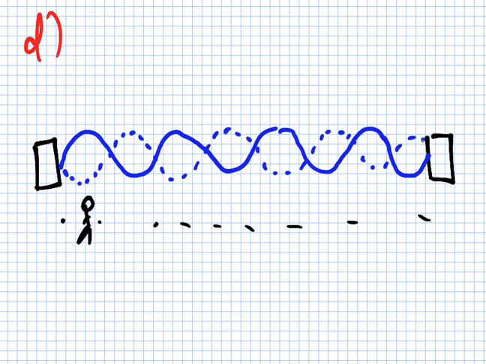Okay, so we have the standing wave. Now, they tell us the frequency is 200 Hertz, and they also tell us the distance between the loudest sounds. Now, where would the loudest happen? At these points, or at these points? At the nodes or the antinodes? Antinodes.